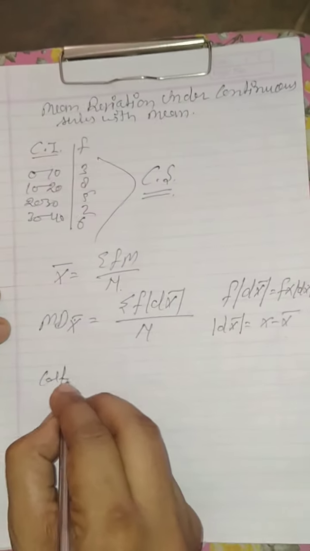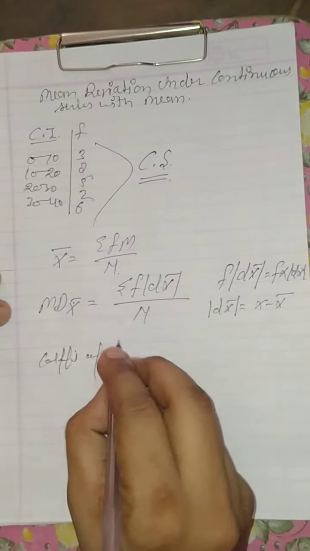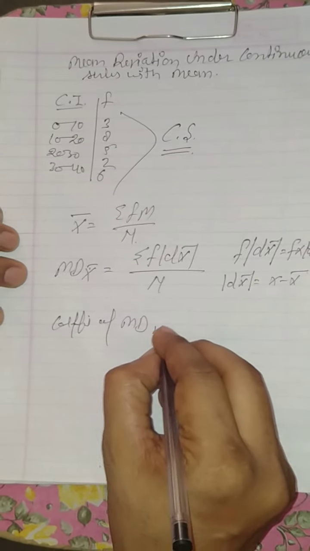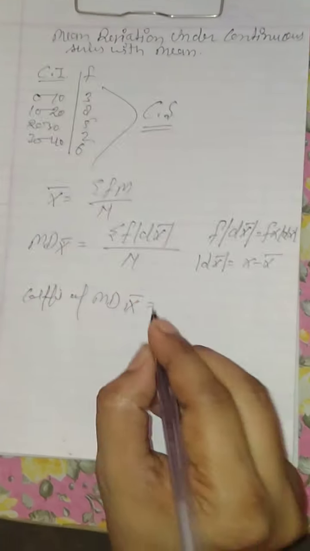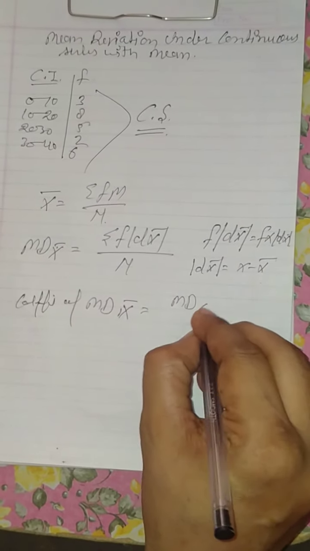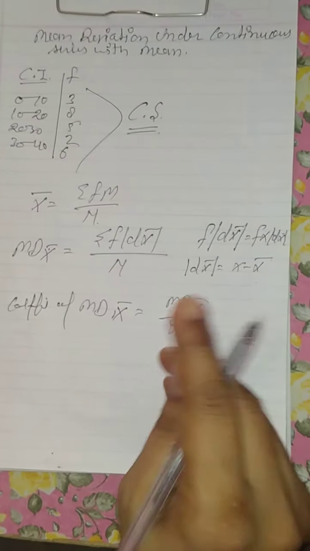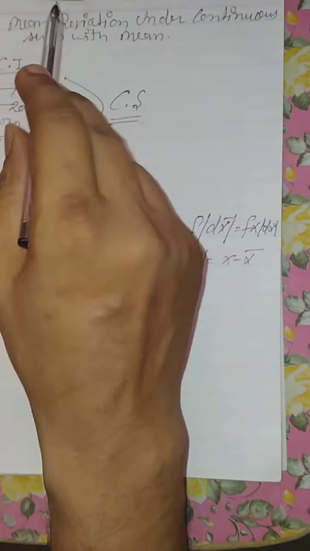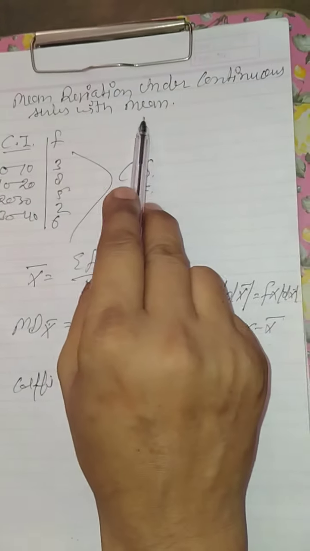After that you will find out coefficient of mean deviation by mean, which is equal to the mean deviation divided by mean. Clear, beta?